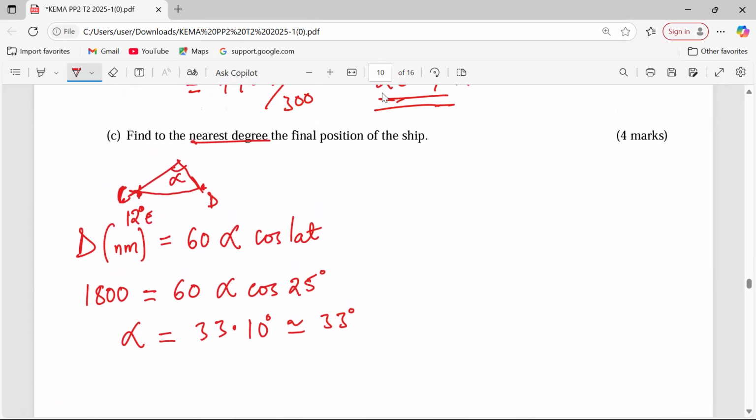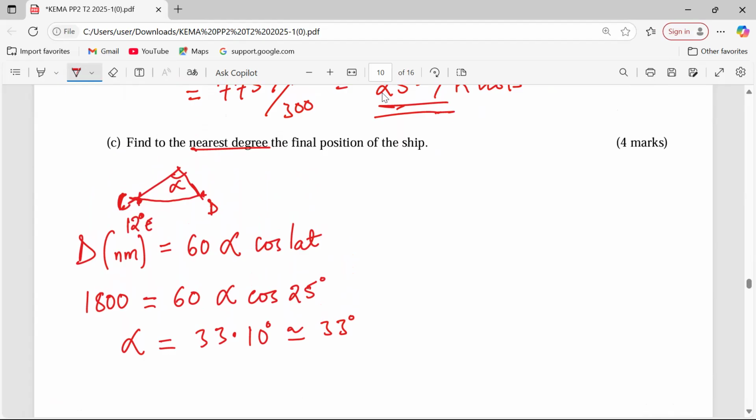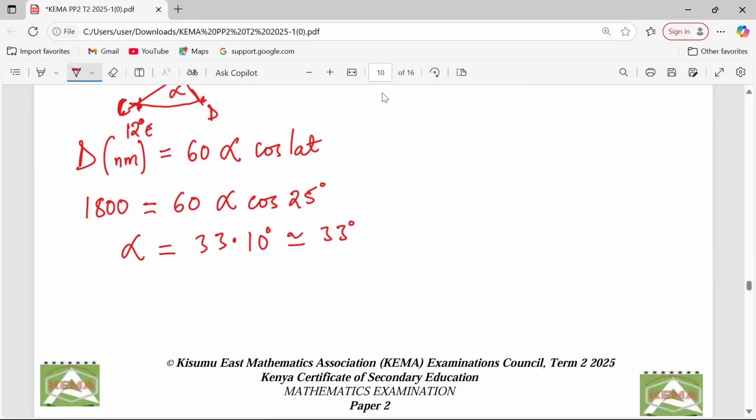So remember, we are already at 12 degrees in the east. And now we are moving further through an angle of 33. That means the longitude of point D shall be 12 plus the 33 covered, giving us 45 degrees in the east.